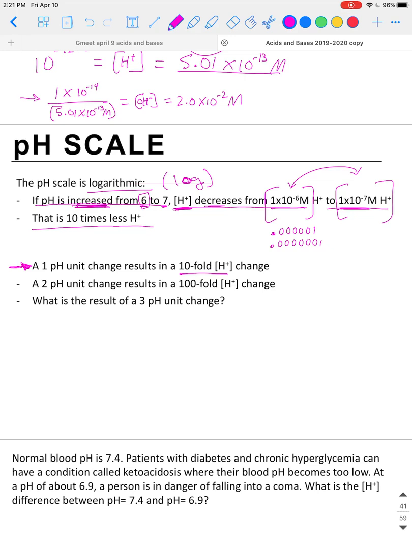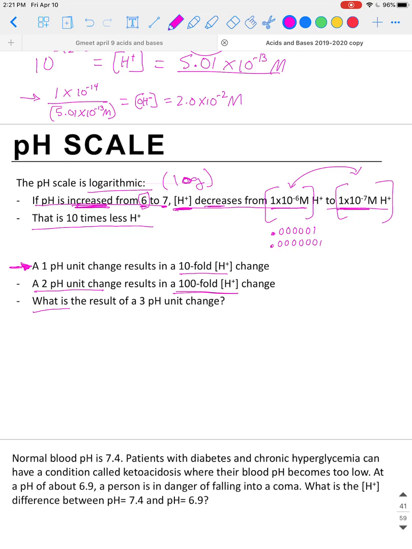If you decrease pH by 1, you increase the concentration of H plus by 10. A 2 pH unit change, I'm sure you could guess, results in a 100-fold H plus concentration change. This, again, is because it's a logarithmic scale, and it works by powers of 10.